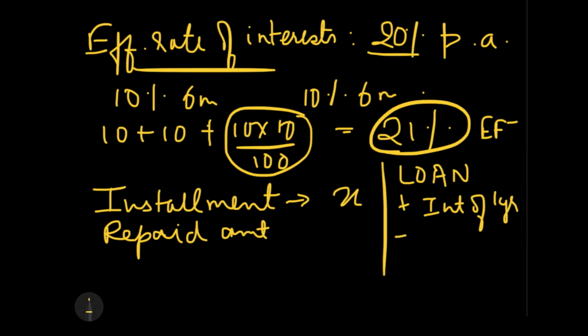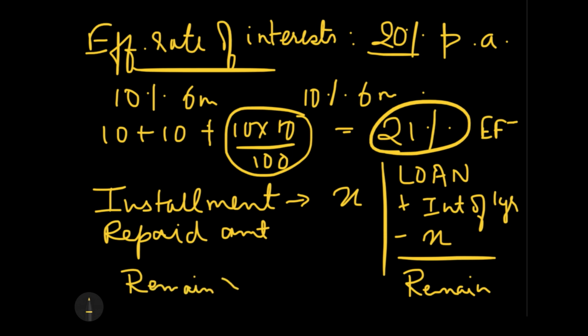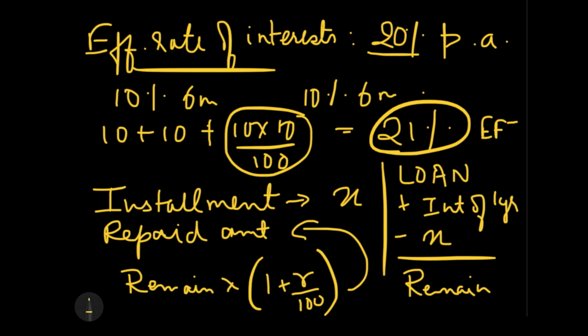Then the installment amount is subtracted from this, and whatever is left over, the remaining amount, let me write the formula here. This remaining amount multiplied with 1 plus R by 100, where R is the rate of interest, would give you the repaid amount.